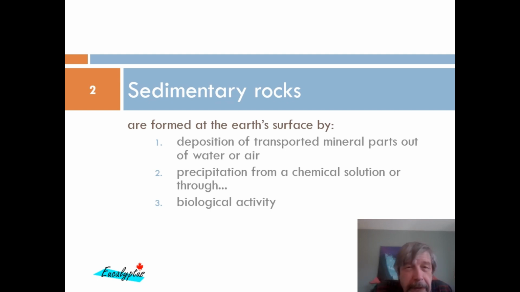Sedimentary rocks. What the hell are they? They are rocks that are formed at the Earth's surface, in the bottom of the seas, the bottom of rivers, at lakes, in lagoons, that kind of stuff. So it involves deposition of transported minerals, of mineral particles that have been dropped out of water or air.